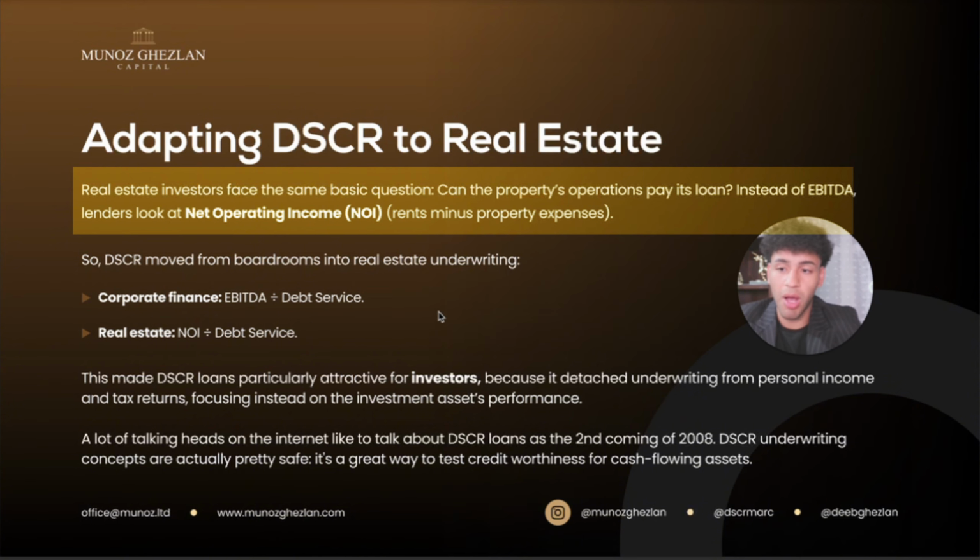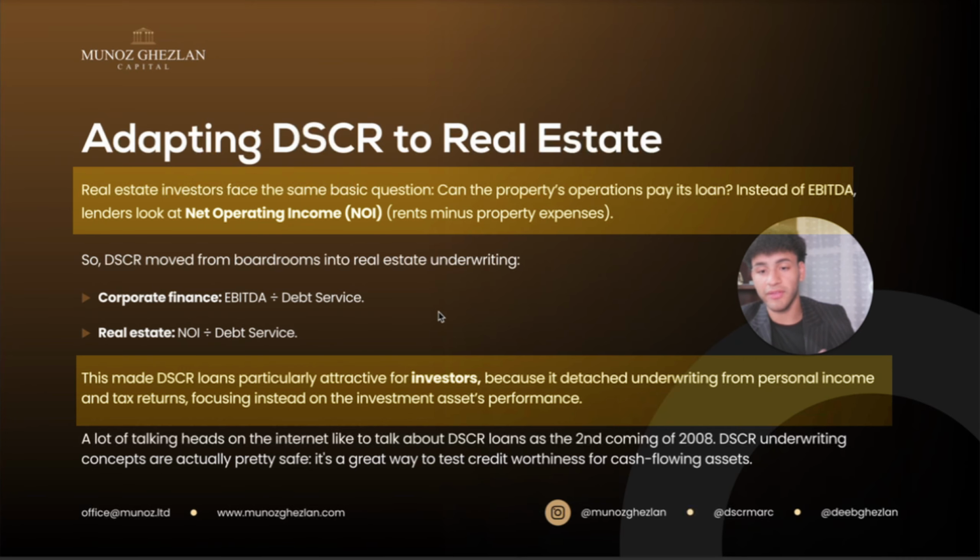The primary reason DSCR loans are going to be more useful to you than a conventional loan is because DSCR loans detach the underwriting process from your personal income and tax returns, instead having a singular focus on the property's ability to perform, the actual DSCR ratio itself. That's what this sentence is talking about.